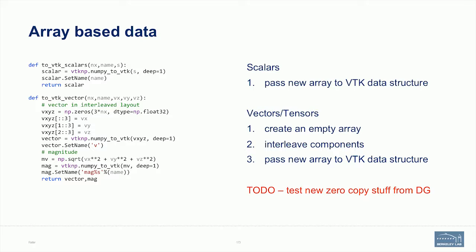The reason I'm doing that is because I can visualize that, whereas with the vector field itself, I'd have to glyph or do some other kind of visualization. With the magnitude, I can just color by that. So this is a convenient way to make an array to color by. And now I return those.